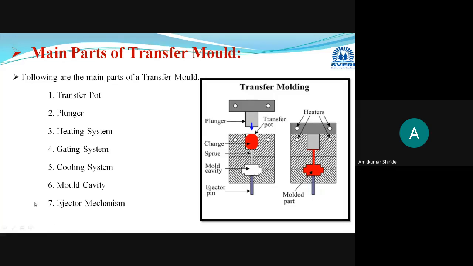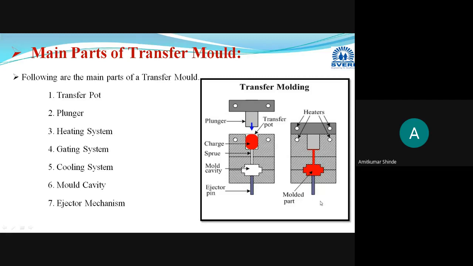Then the last and very important part is the ejector mechanism. The ejector mechanism consists of ejector pins. The function of the ejector pins is this: this is the closed mold, and after curing we open the mold.